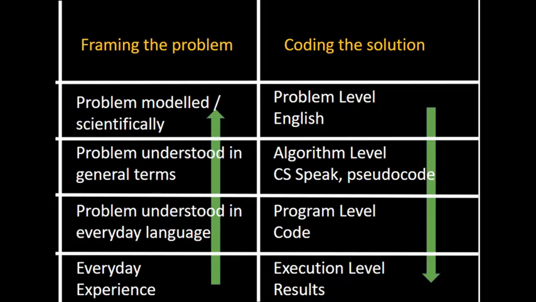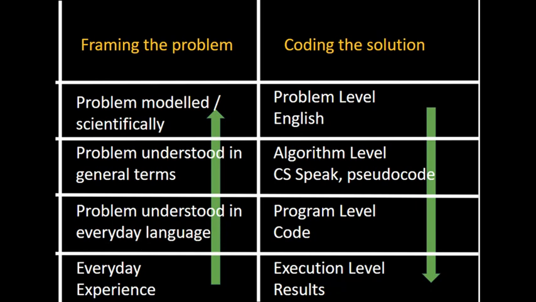So if we think about what a student needs to do, they need to frame the problem, moving from the very concrete everyday experience, coming to understand the world, coming to understand the problem in more general terms, eventually modeling it in terms of either logically how it should be set out, if this then that, etc., understanding any of the science that's involved, any maths that has to be involved.